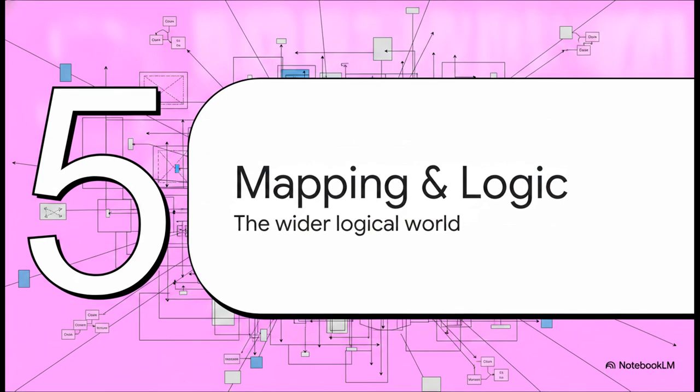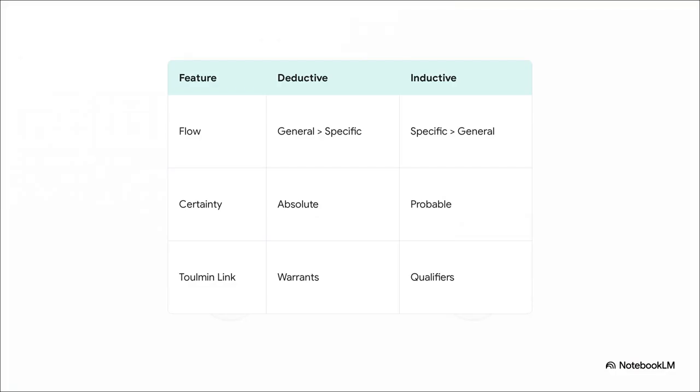Finally, Part 5, Argument Mapping and Logic. In this final section, we're going to zoom out a bit. We've seen how individual arguments are constructed, but how does this Toulmin model fit into the wider, overarching world of logical reasoning? Well, as our source notes, logic typically divides into deductive and inductive reasoning. Deductive flows from the general to the specific, aiming for absolute certainty.